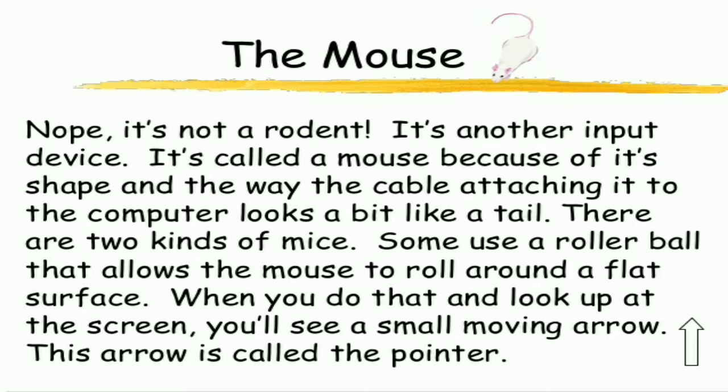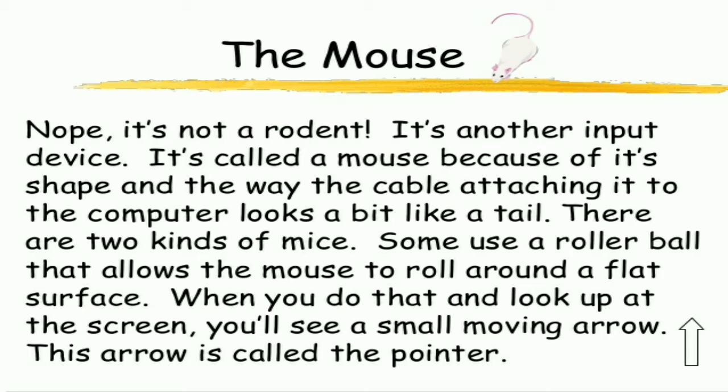So here we find these types of arrows. It's called a pointer. The mouse is an input device, called a mouse because of its shape and size, and the way the cable attaching it to the computer looks a bit like a tail.